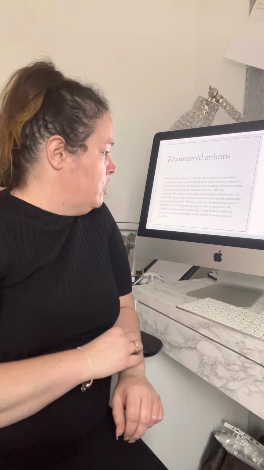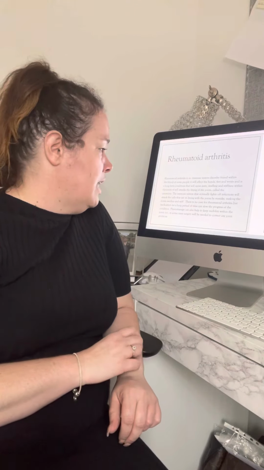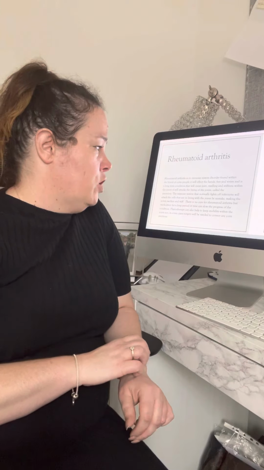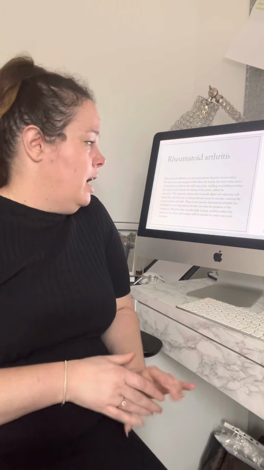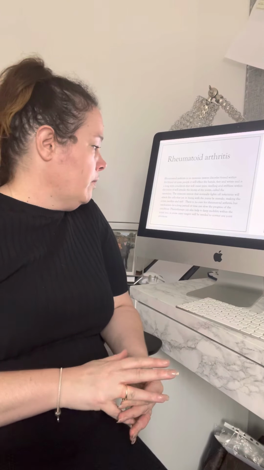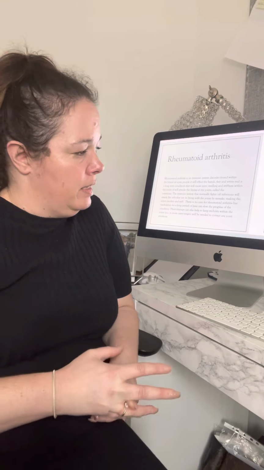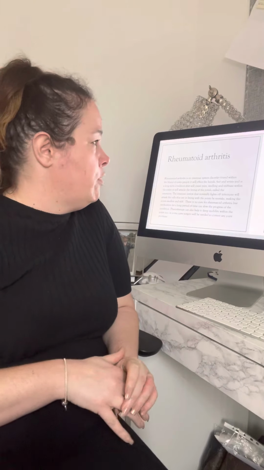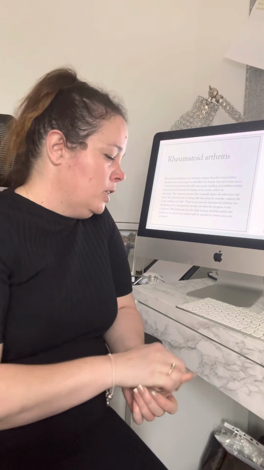The immune system that normally fights off infection will attack the cells that are lining the joints by mistake, making them swollen. People can live for a long time with rheumatoid arthritis, but it can be very, very painful.